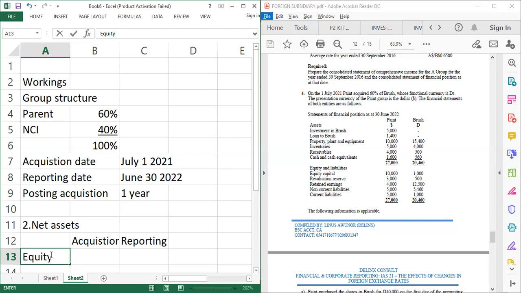So if there are preference shares, we subtract them from the total assets, because we are looking for the owner's value, not the total funds in the business. So we take the equity shares of the subsidiary. What is the equity capital?